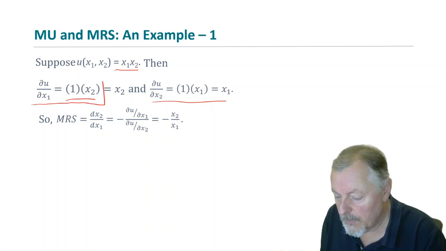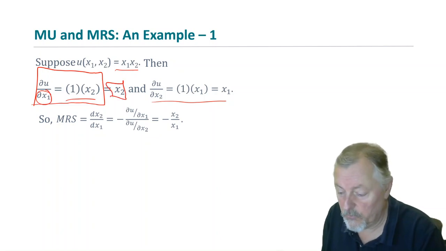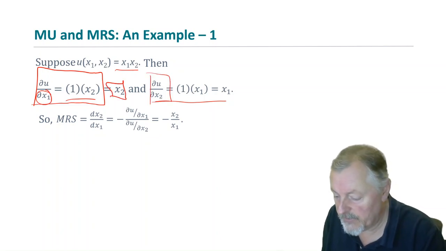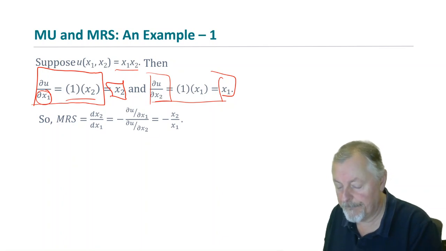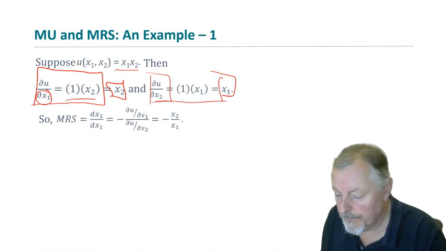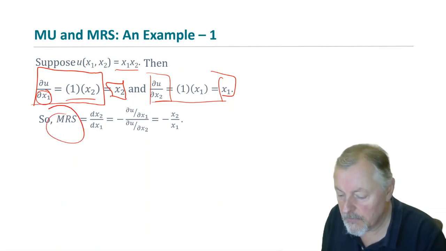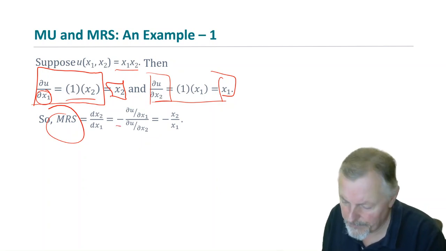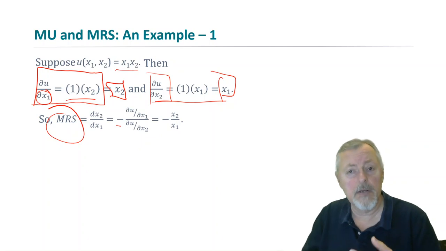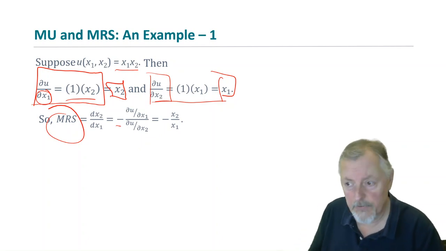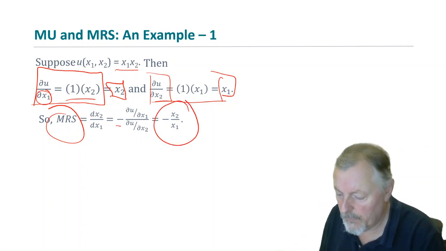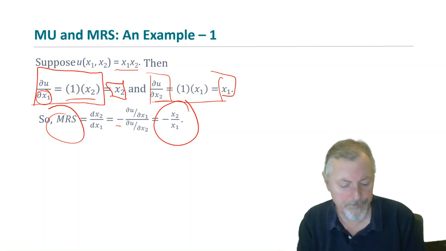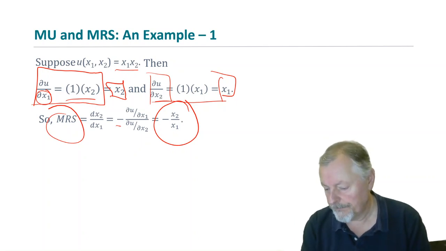So the marginal utility of x1 is x2, and the marginal utility of x2 is x1. The marginal rate of substitution is the ratio of the marginal utilities, with a negative out front, because if you get more of one thing, you have to have less of the other. That is the marginal rate of substitution between x1 and x2.